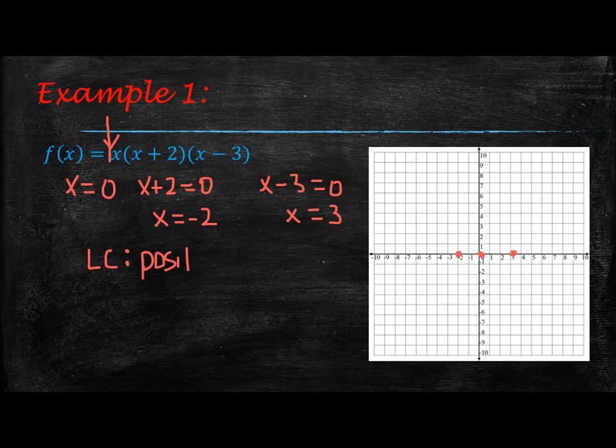That means the right side of my graph is going to go up. So starting at that intercept at 3, we're going to show that that part is going up. Then the next step is to decide, do I have an even or an odd function?